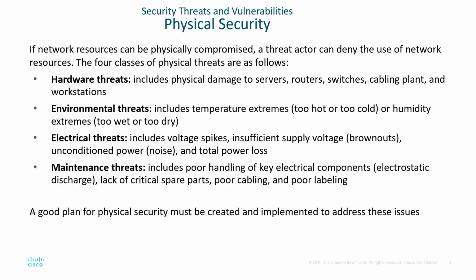Hardware threats include physical damage to servers, routers, switches, cabling plant, and your workstations. So again, not giving someone the opportunity to destroy a physical piece of equipment, especially if you're foolish enough not to have that recovery plan or that backup plan.